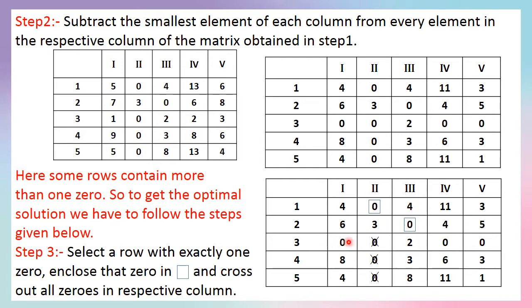In the third row there are more than 1 zero, so we cannot make any assignment in the third row. The fourth row does not contain more zeros after crossing out these ones, and in the fifth row also there are no more zeros to make the assignment. Now we have to repeat the same step of assignment and crossing out zeros for the columns also.